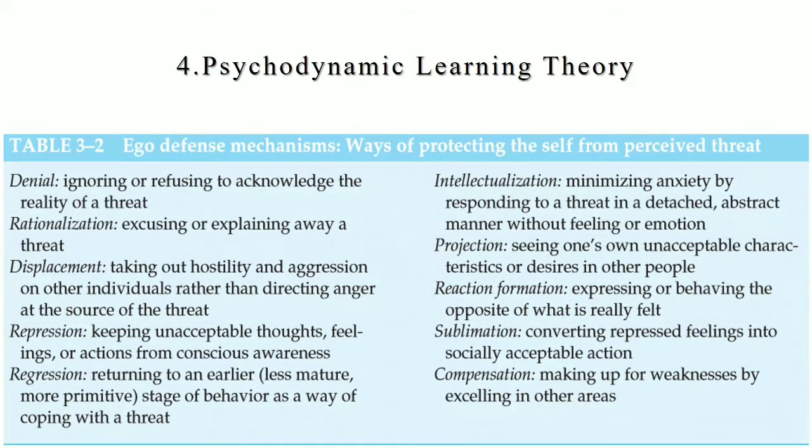The perceived threat is the death news, bad news or news of a serious illness, like a diagnosis of cancer, serious heart disease or a life-threatening condition. These affect the ego of a person, and when the ego is threatened, the person starts defending using certain mechanisms.